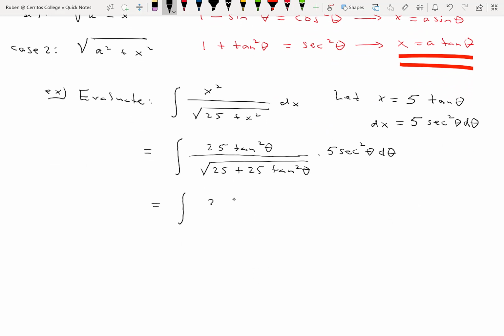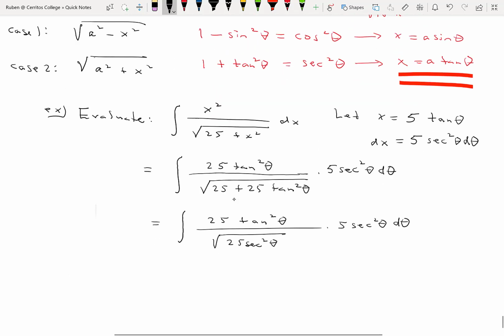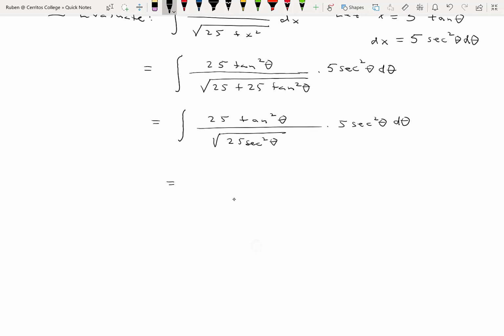Let's simplify the integrand. We're looking at 25 tangent squared theta. In the denominator, 25 plus 25 tangent squared is 25 secant squared, times 5 secant squared theta d theta. In the denominator, I have 25 secant squared now, which is 5 secant theta.